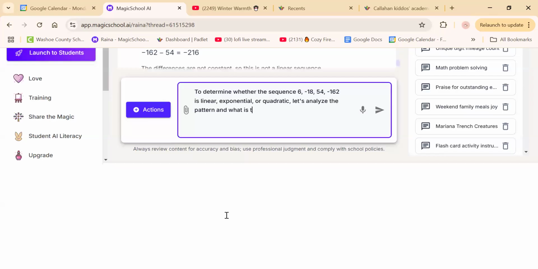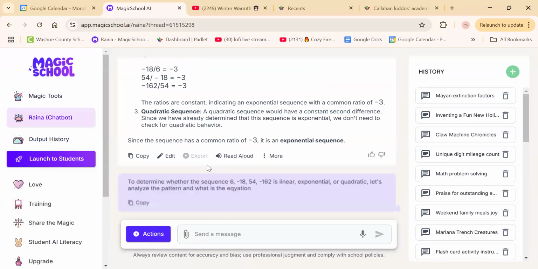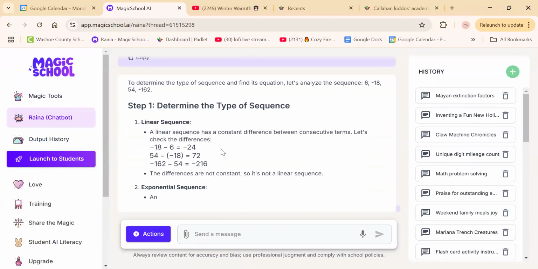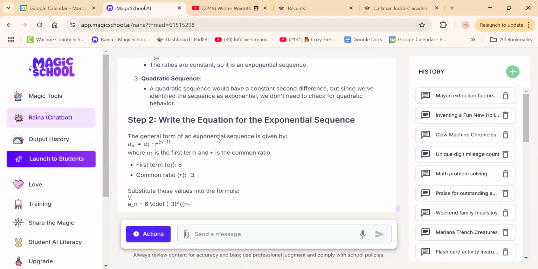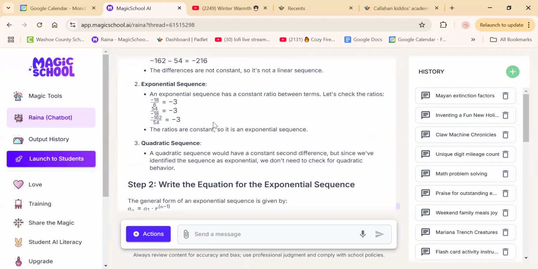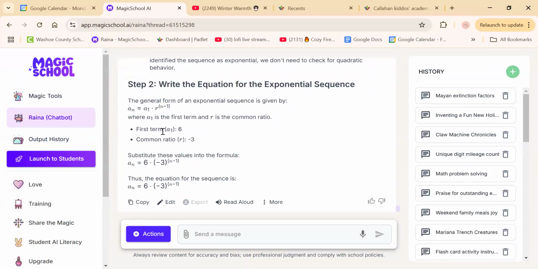And what is the equation? All right, so this right here is going to be the equation you're going to be using.